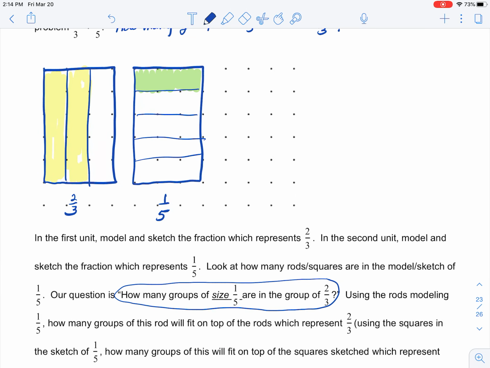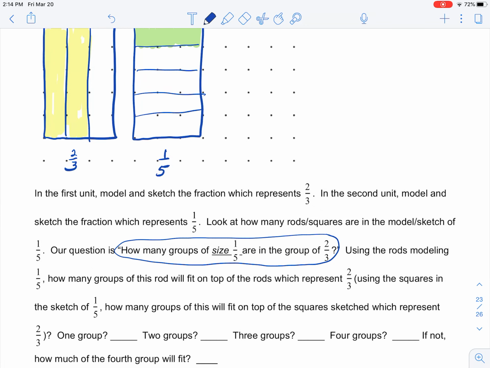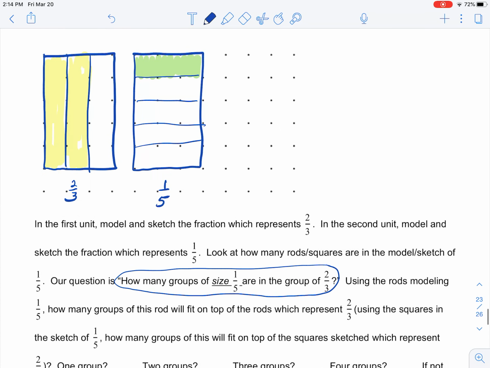So I'm asking how many of those green rods would fit on top of the yellow rods. Now, the way that I think is the easiest to do this is to think this green rod is made up of 3 squares. So I'm finding groups of 3 squares on top of the 2/3.